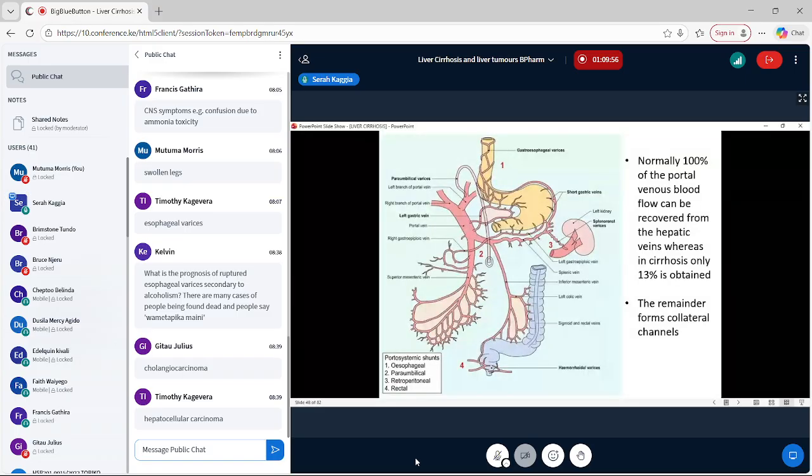Imagine it's like your radial artery has been cut, so you're just bleeding like that. So there's that main one. And I think when you say they've vomited the liver, it's now the actual rupture of the varices.